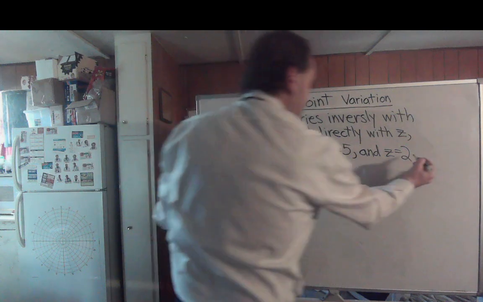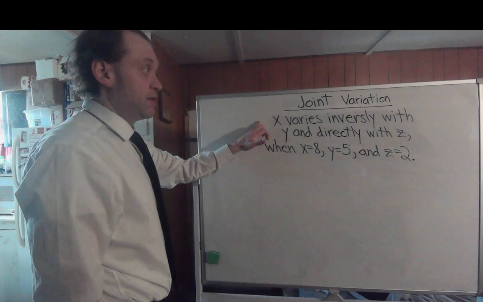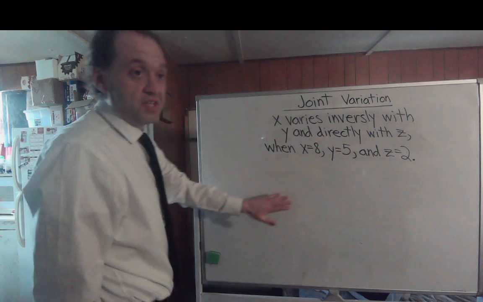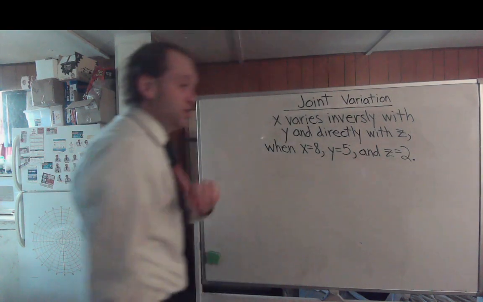Alright, so here's a fun one. You have x varies inversely with y and directly with z when x equals 8, y equals 5, and z equals 2. Okay.